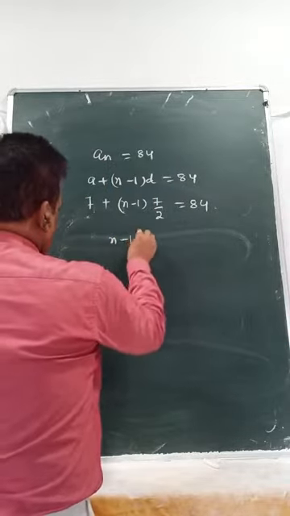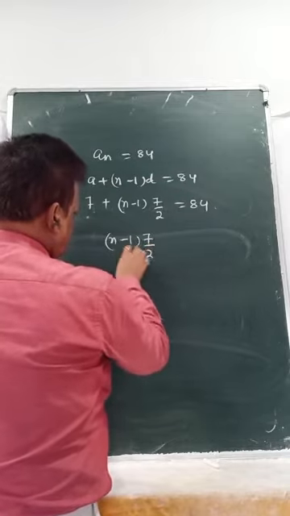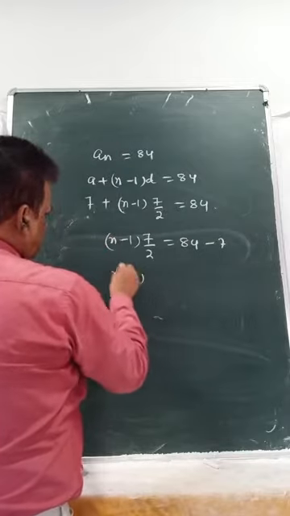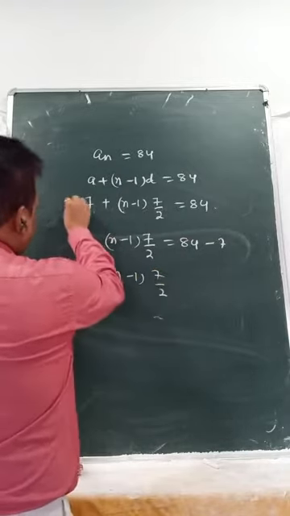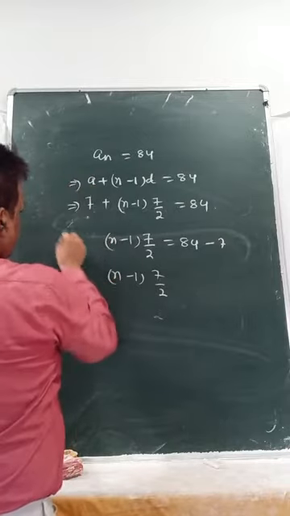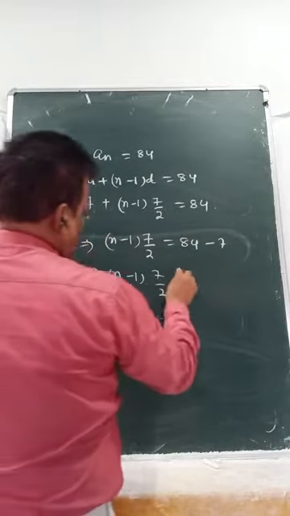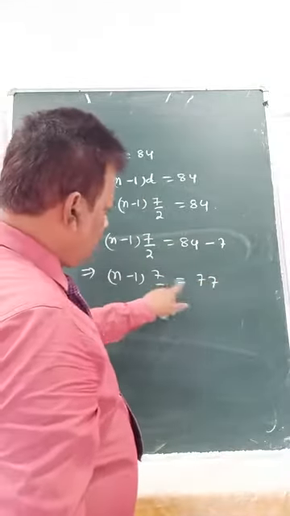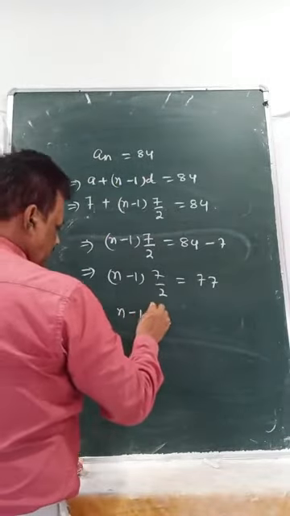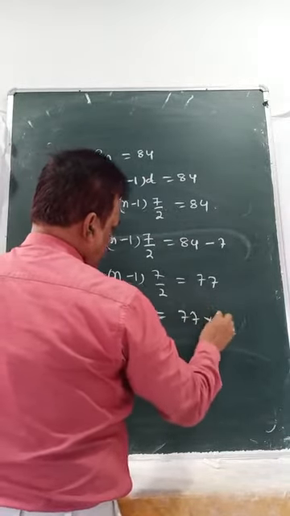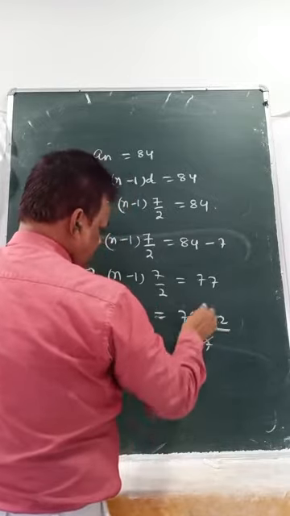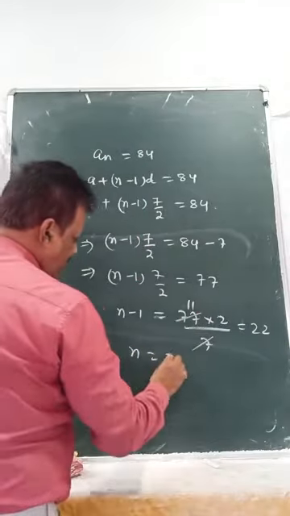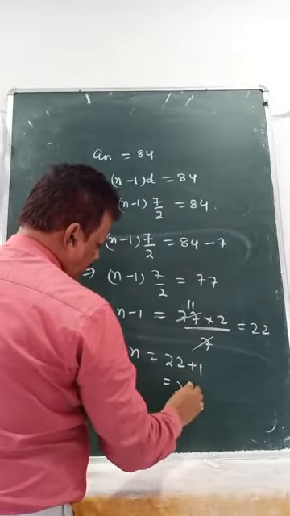So n minus 1 into 7 by 2 equals 84 minus 7, which is 77. This will go up, this will go down. So n minus 1 equals 77 into 2 by 7. 7 elevens are 77, so that is 22. n equals 22 plus 1, 23.